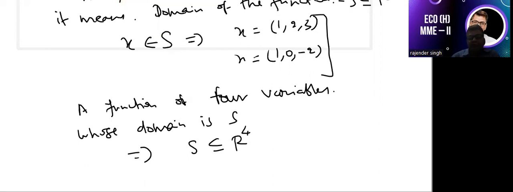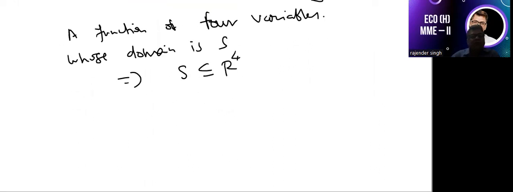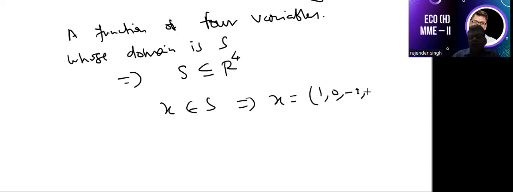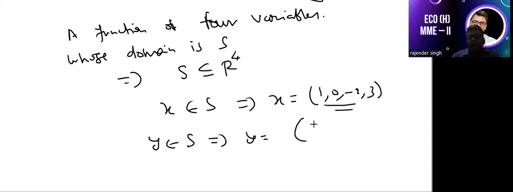So if I say X belongs to S, that means X is of the form 1, 0, -2, 3, right? That means X should be of the form of four tuples. If I say Y belongs to S, this implies Y can be of the form 0, -1, 2, -3, right, student?